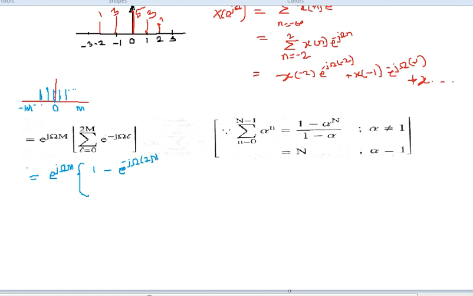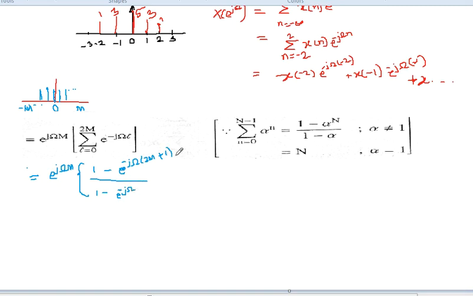So it is 1 minus e to the power minus j omega (2M plus 1) divided by 1 minus e to the power minus j omega. Here alpha is nothing but e to the power minus j omega.